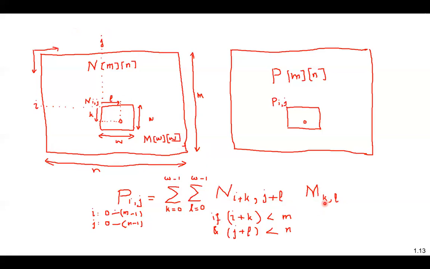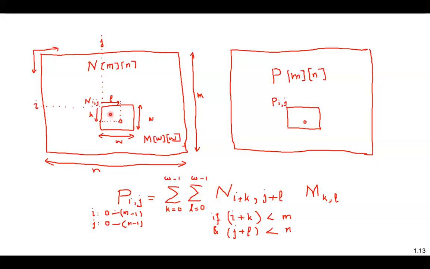Because the mask starts from 0, it will be indexed by k and l. So mask k l and N i plus k, j plus l. And I will do that because I am just doing this dot product.